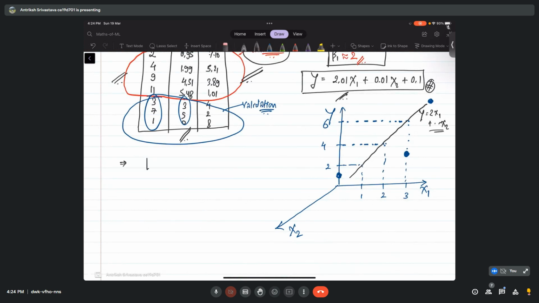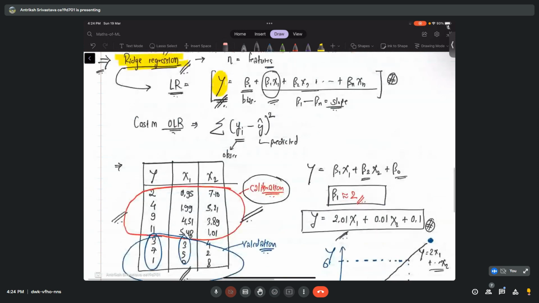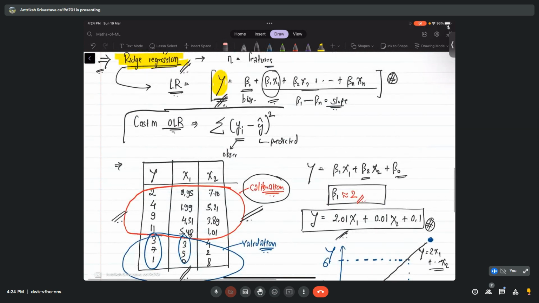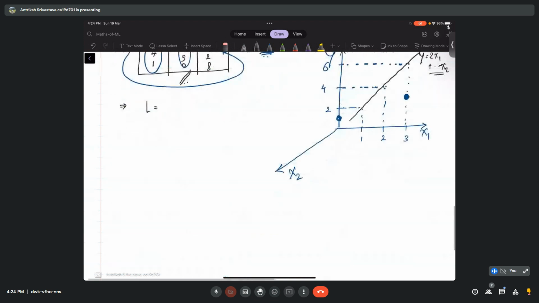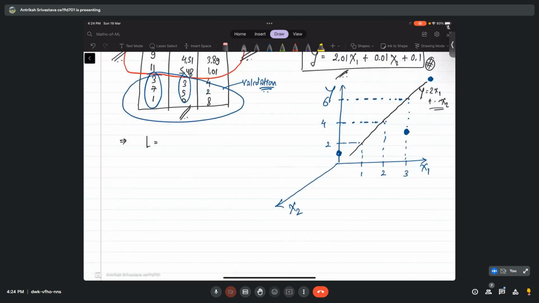It modifies the loss function or the error function that we have seen here of the ordinary linear regression by adding one bias in that. So we have normally something like this.